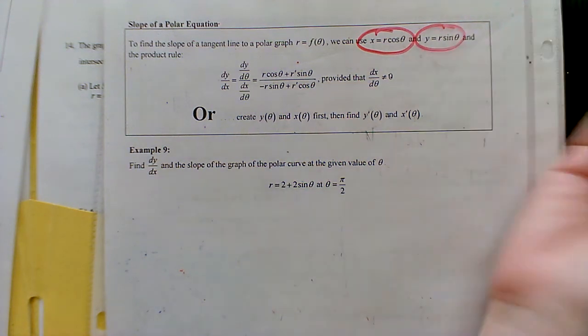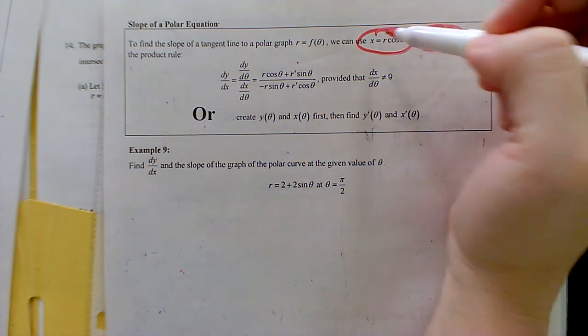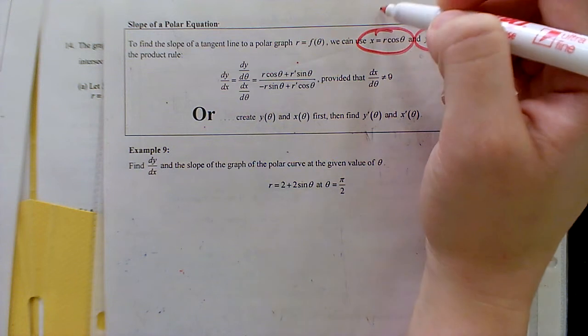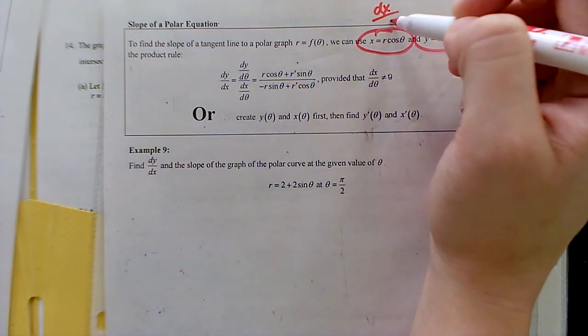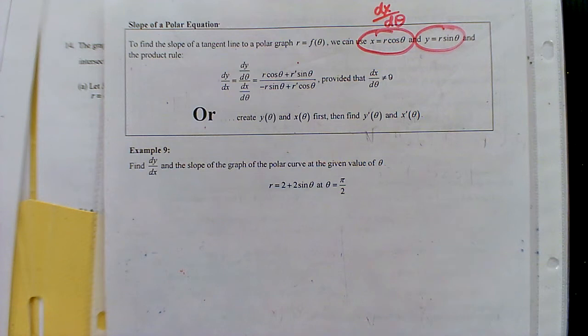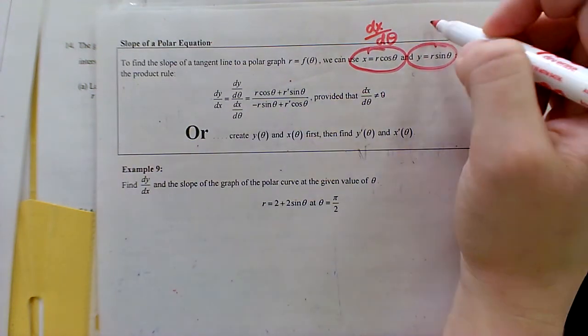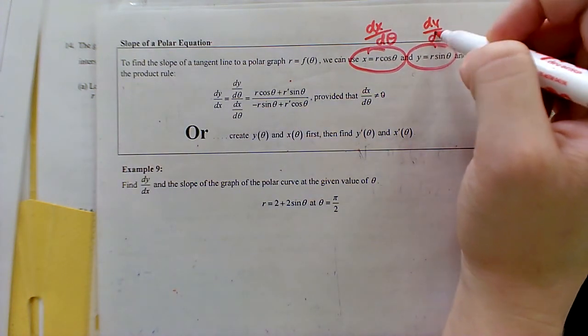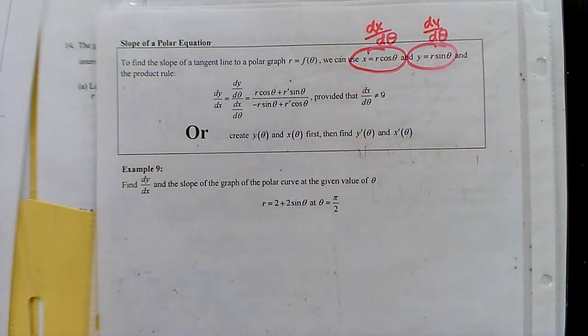Now, if you take the derivative of x, remember r is going to be a number because that's representing the radius, how far you walk out from the pole, and your variable is theta. So whenever we take the derivative of this x equation, we would write dx over d theta, because theta is that independent variable. Similarly for the y, we would have dy over d theta. When we did parametrics, we had dx over dt, right? And dy over dt. Now we just have something over d theta, because that's our new independent variable.